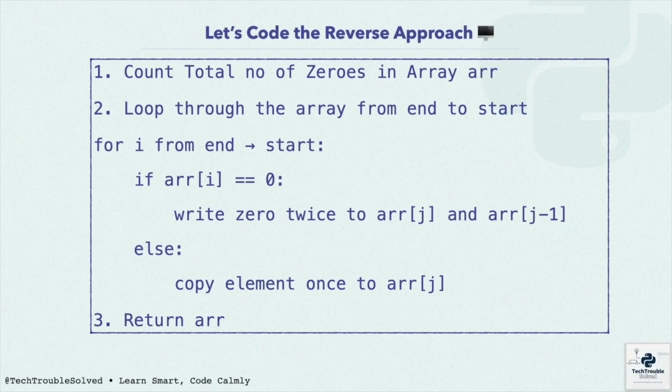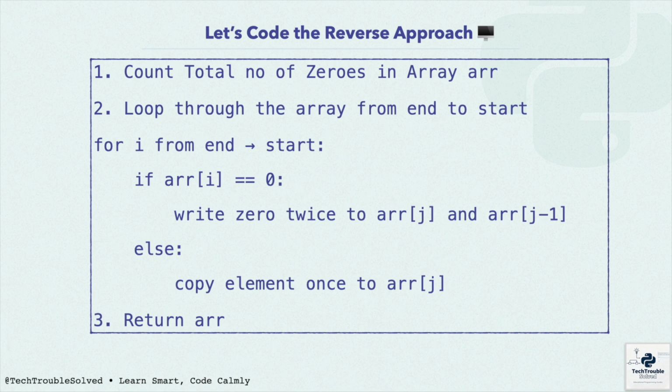Now that we clearly understand how the reverse approach works, it's time to turn this logic into code. We will start by counting the total number of zeros in the array. That count helps us figure out how far our right pointer j should go, including all the logical duplicates. Then, just like in our animation, we will move backward using two pointers. i will read each original element and j will write it to its correct new position.